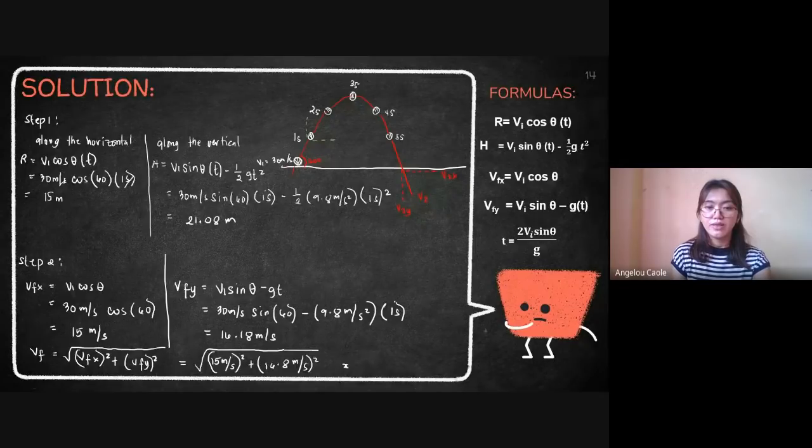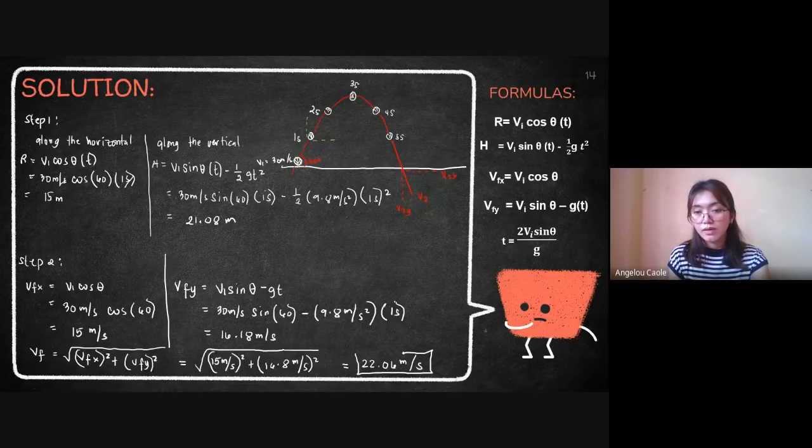Okay, so our final velocity after 1 second is 22.06 meters per second. As you can see, there is already a difference between the initial velocity and the velocity after 1 second.